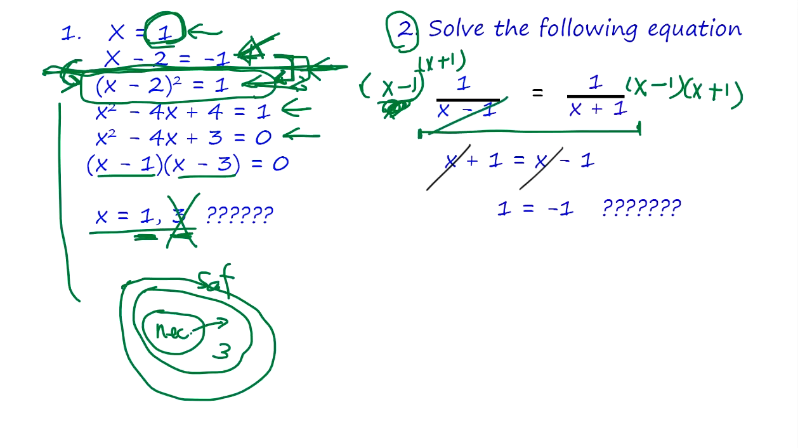So this is gonna go out, this is gonna go out, we get this, and we eliminate the x here, then 1 equals negative 1. Wow, we proved something very significant here. Did you know 1 equals negative 1? How did this happen? Anybody can tell?